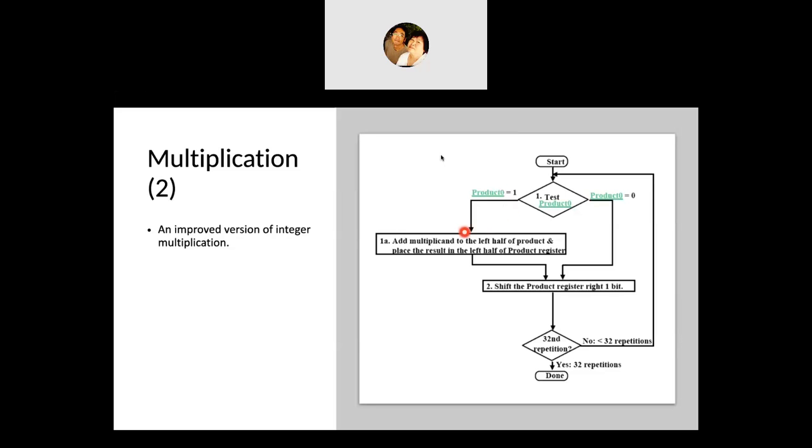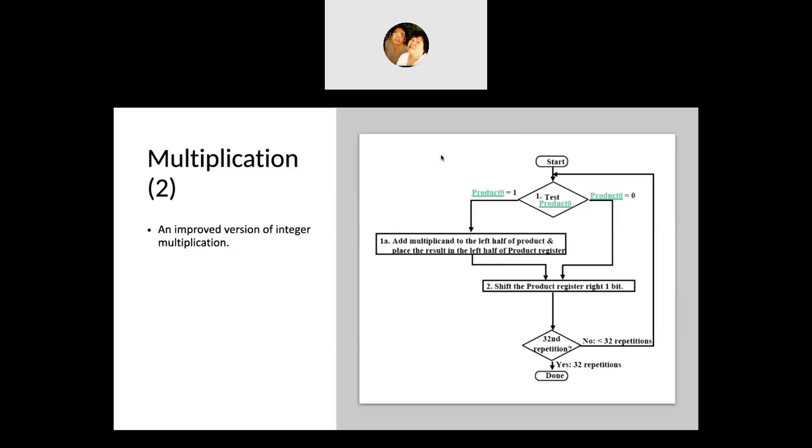If it is 1, we do step 1a. If it is 0, we skip step 1. We go to step 2. But here, in step 1a, we add the multiplicand to the left half of the product and place the result into the left half of the product register.